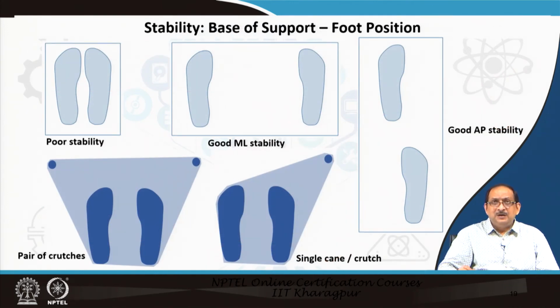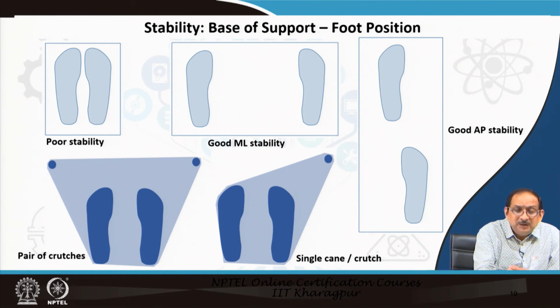Let us now consider the foot position, which provides the base of support and stability. Now, in this image, the foot position is indicated looking from the top. So, it is a top view of the foot positions.